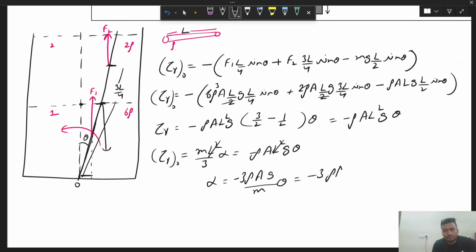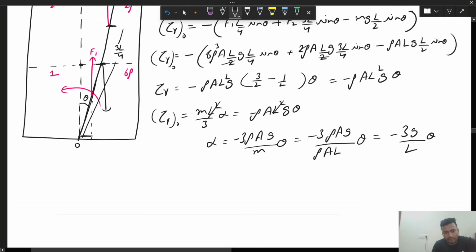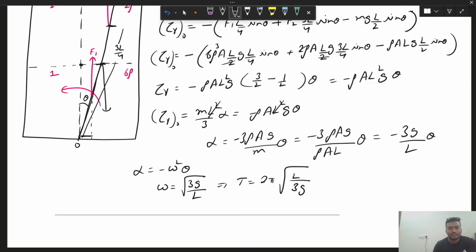Mass you can write as rho A into L. So ultimately you got 3g by L theta. Now if I compare with the basic equation of any SHM, alpha must be minus omega squared theta. So omega, how much you got? 3g by L. Then the time period is 2 pi root L by 3g.